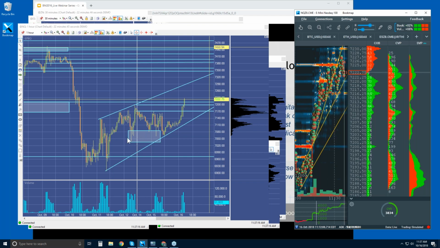Yesterday, like I said, I was looking for it, and it didn't play out. It consolidated, but we did find buyers back down into this zone here, and then today we're getting the follow through.